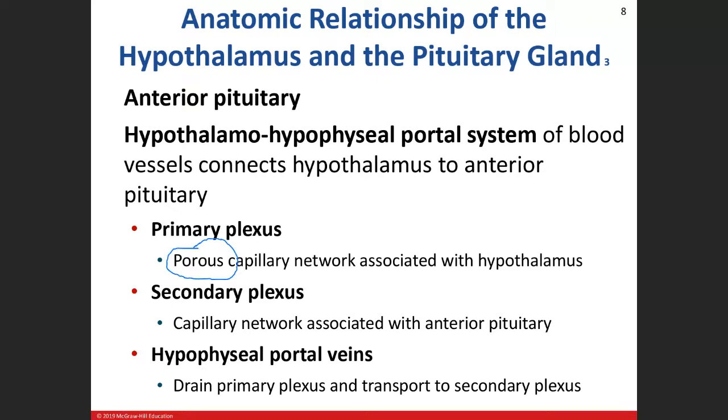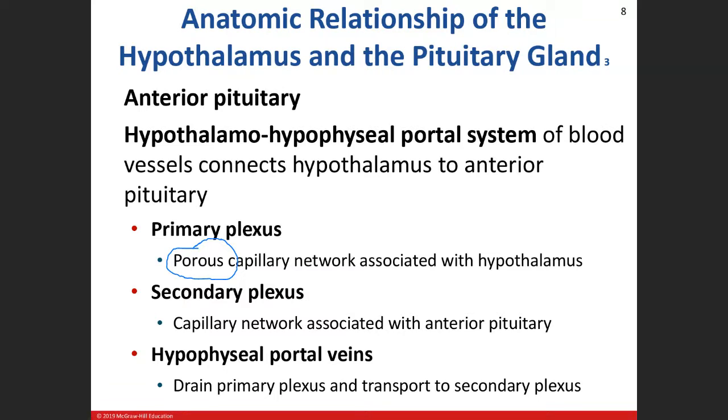And that's important because when the hypothalamus makes its hormones, it makes two types of hormones, which we'll get into in more detail in lecture. It makes releasing hormones and inhibiting hormones. But regardless, it's got to get its hormones into the blood.